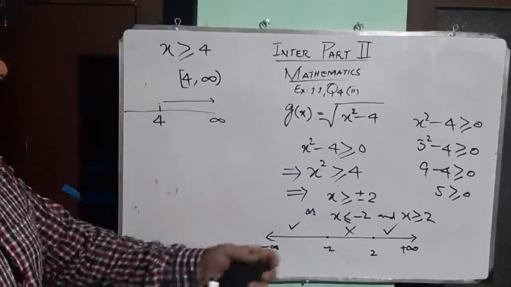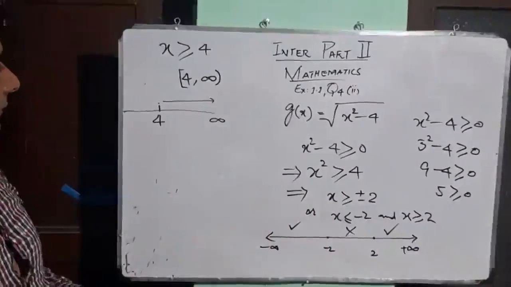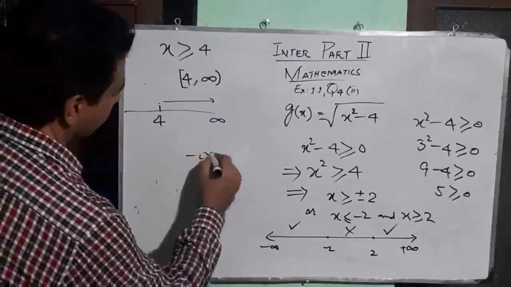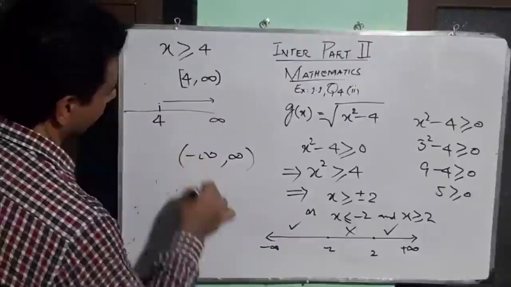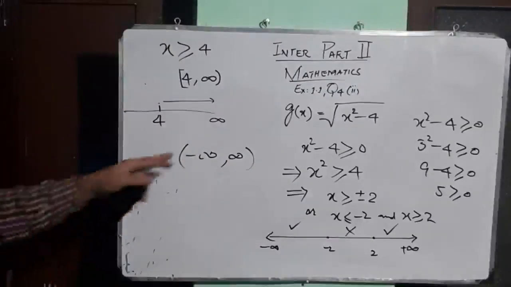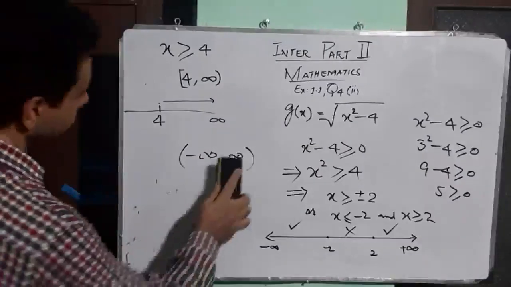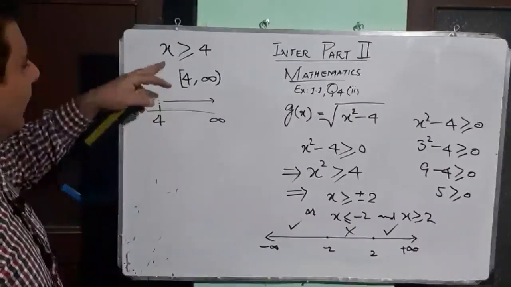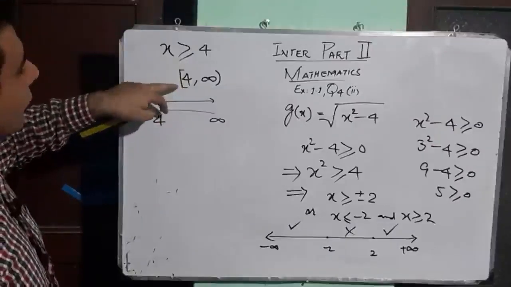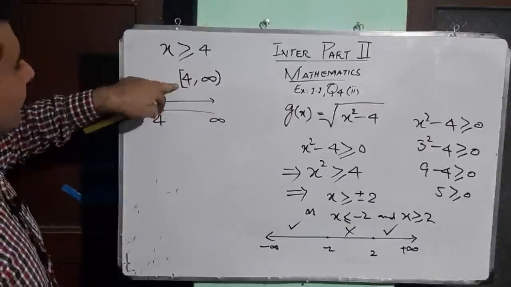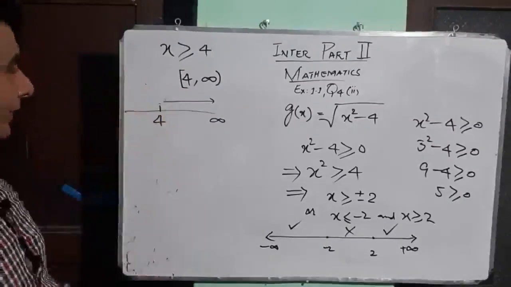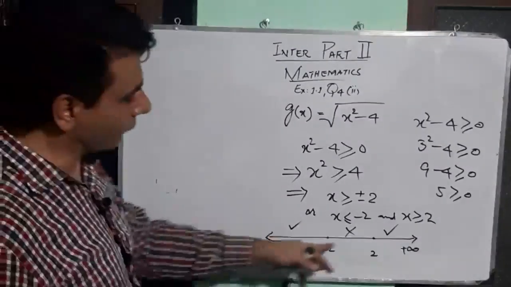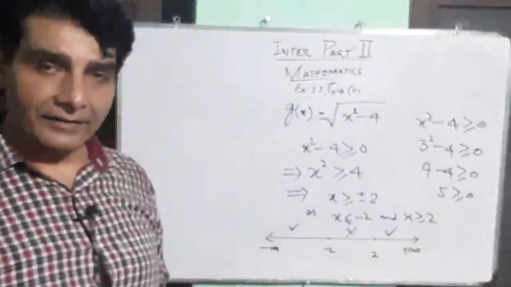So while writing infinity, whether it is minus infinity or infinity, always we will write parenthesis. For other numbers, if it is included by equals, then we will include that number. If it is greater, then we will write the parenthesis. So we will write the interval notation for this number line to find the domain.